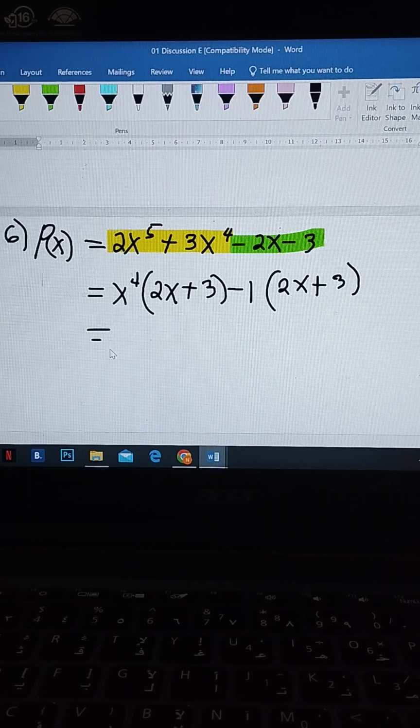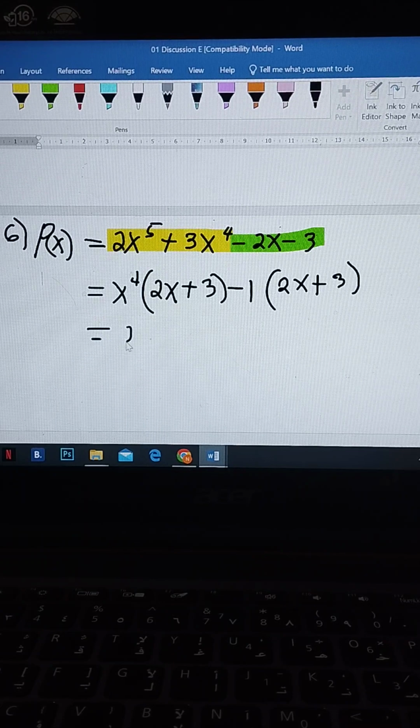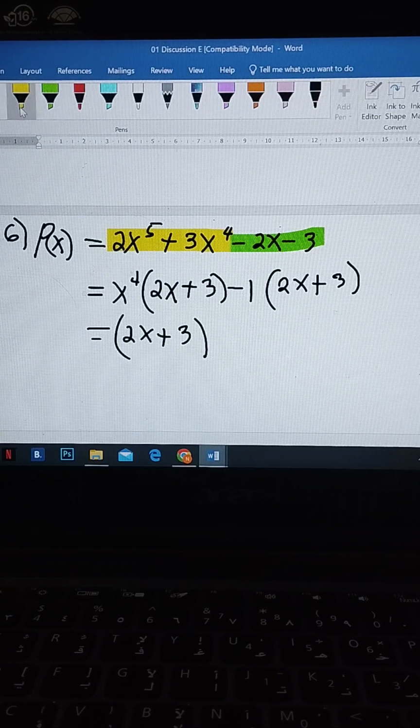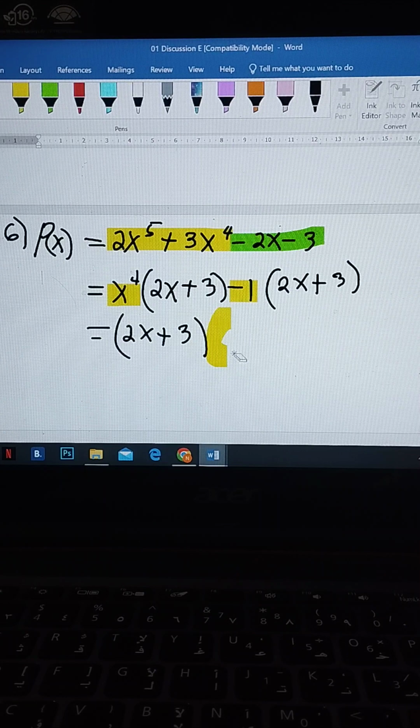If we bring out the GCF 2x plus 3, then the remaining factor is simply x raised to 4 minus 1. So times x raised to 4 minus 1.